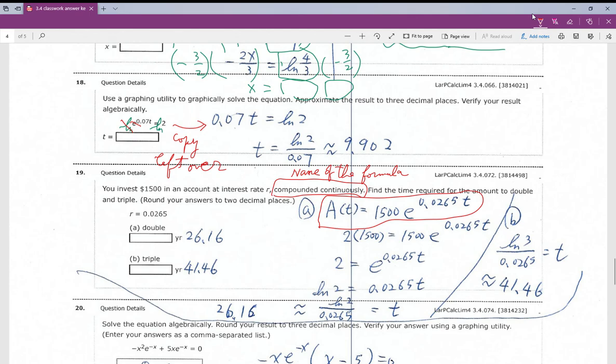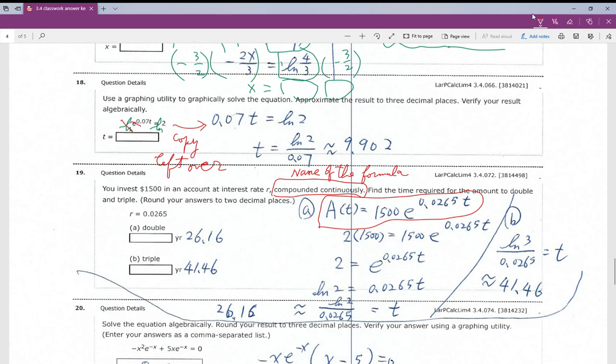As soon as you memorize, compounded continuously, you have exponential growth or exponential decay, this formula. Now, it depends on whether the interest rate is positive or negative.